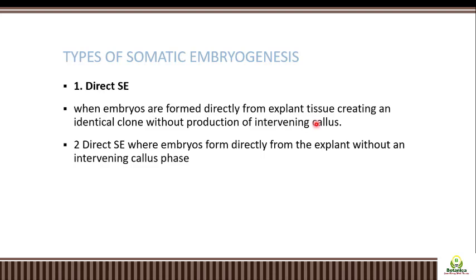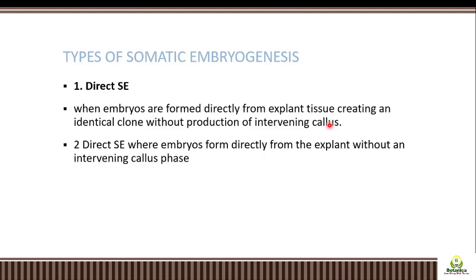So in direct somatic embryogenesis, there is no intervening or intermediate condition which we call the callus. When we culture somatic cells from the plant, they are directly converted into embryos, with no intermediate stage.